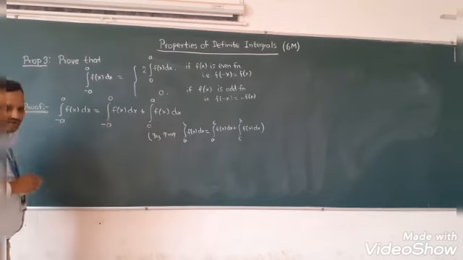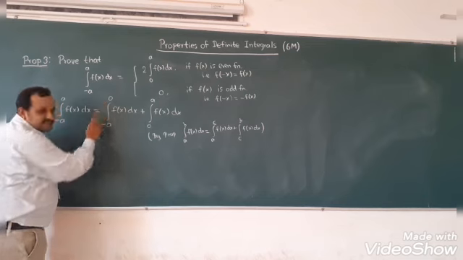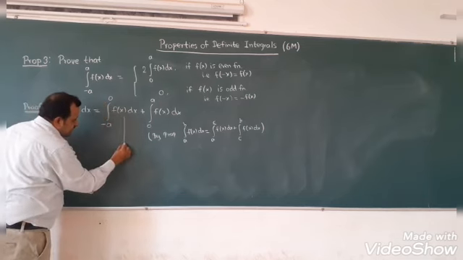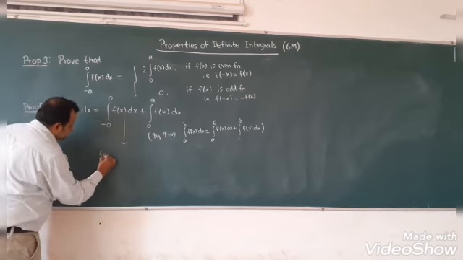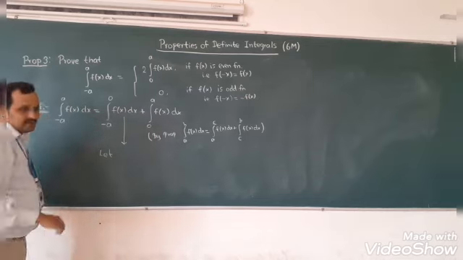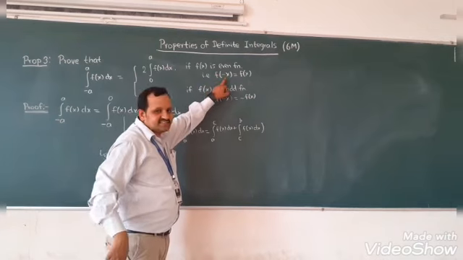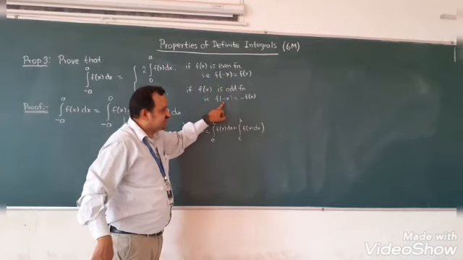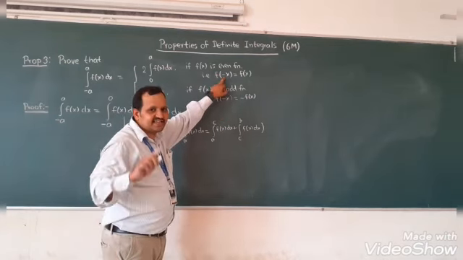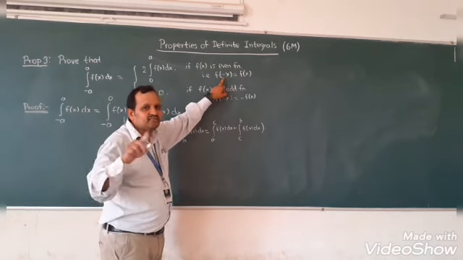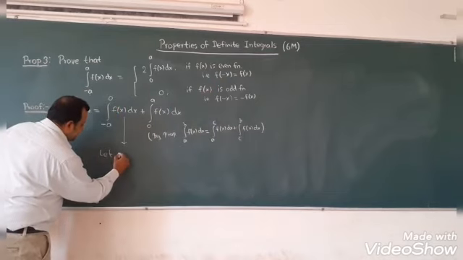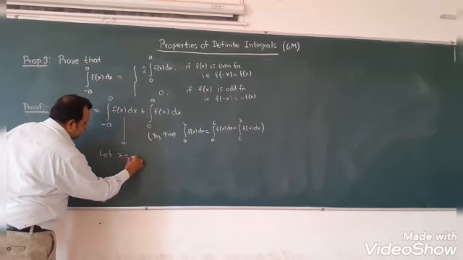Now see what I am doing here. Minus a to 0 is there, I am taking this one. Let us do substitution here. Now look here, minus x is there, here also minus x is there. So I am assuming minus x equal to t. So x is nothing but minus t. So let x is equal to minus t.